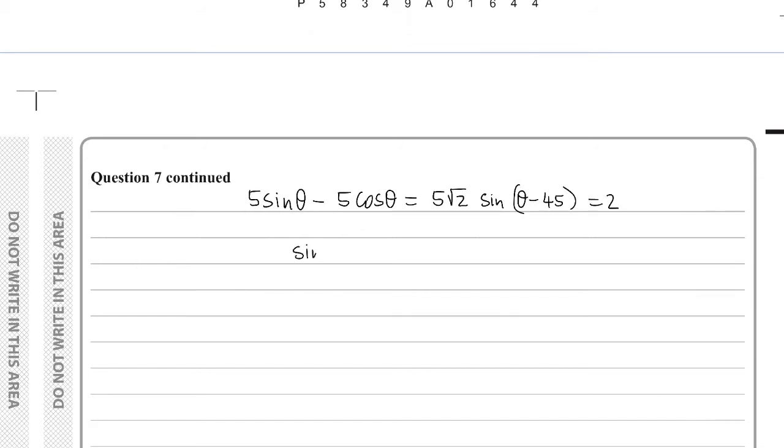So this means that sine of theta minus 45 is 2 over 5 root 2. The PV in this case is going to be shift sine of that. Sorry, just a minute. If I do shift sine of 2 over 5 root 2, it's 16.4299.